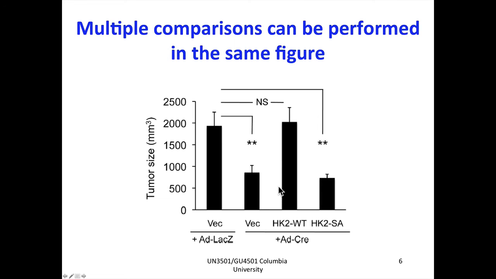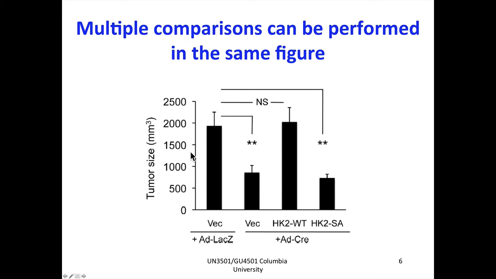Now, sometimes, quite commonly really, you'll see that there are multiple comparisons performed in the same figure. So usually it's at least two different kinds of comparisons. So here again, let's look at tumor size. And usually, don't get thrown off or intimidated by the figure. You just need to work your way through it, starting on the left and thinking about what are the different comparisons they're trying to make.